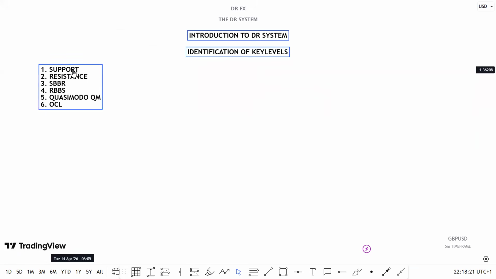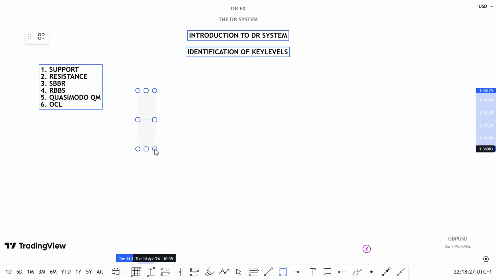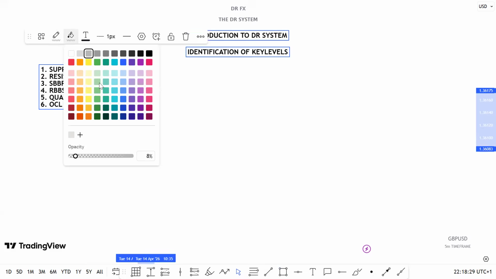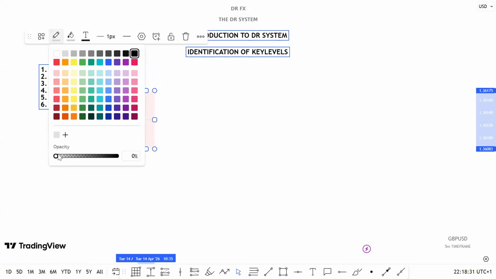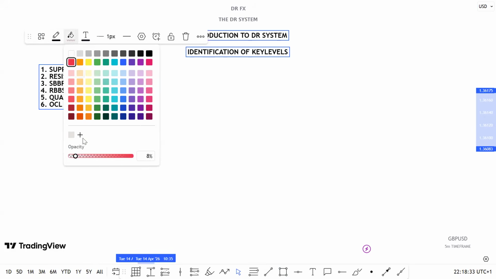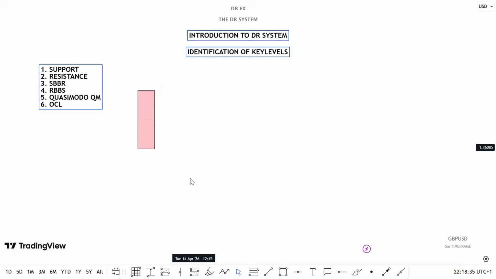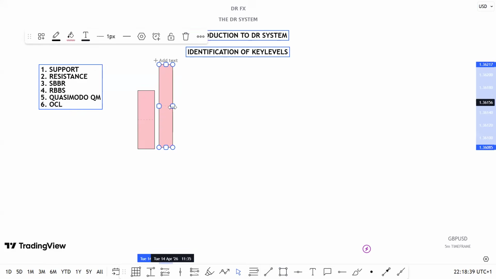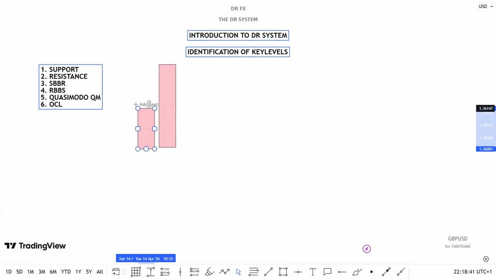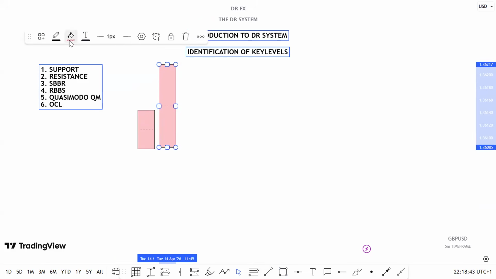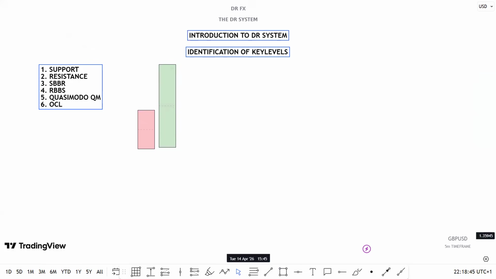So where is the support? I just explained that support is present below the chart. The support is a combination of a bearish and a bullish candle. So we are going to have a bearish candle like this, right? And a bullish candle like this.